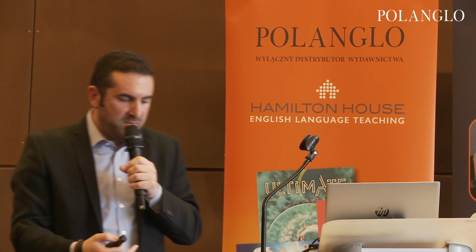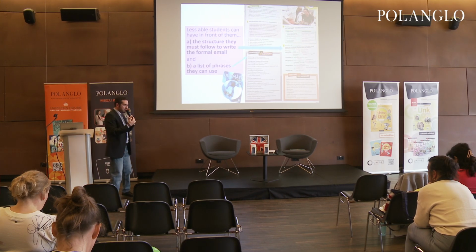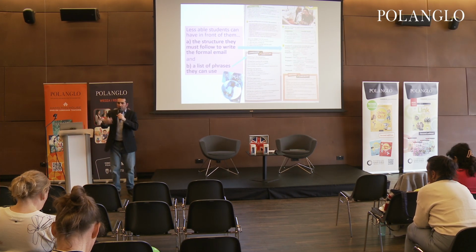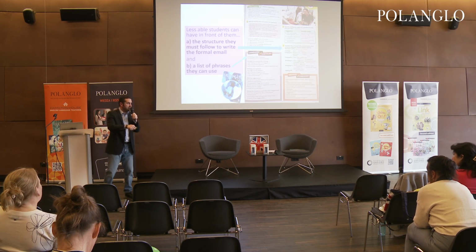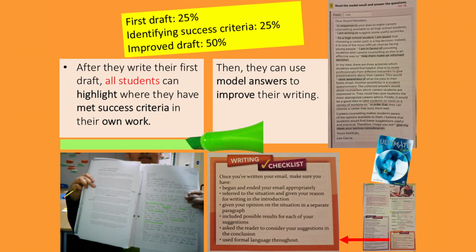At the same time, we want to give the best possible chance of learning to our more able ones and support them as well and challenge them. An idea would be, when all students write their first draft and they finish with their formal email, we can ask them to highlight where they have met the success criteria in their own work.